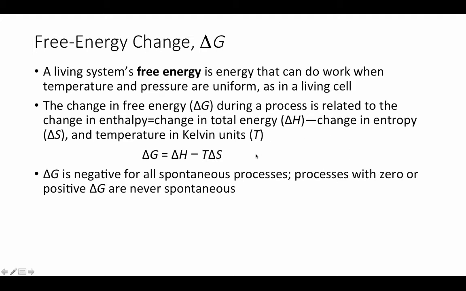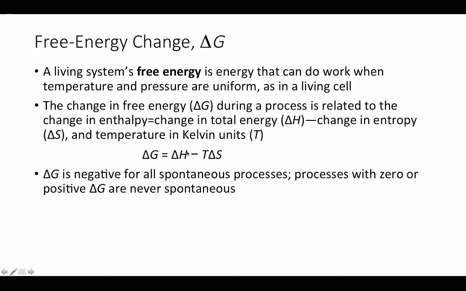So let's just break this down a little bit. The change in entropy, remember, if a reaction is spontaneous, it increases in entropy. If you subtract the entropy before from the entropy after, if it's a spontaneous process, that quantity is going to be positive, right? Because it's going to have greater entropy afterwards than it has before.